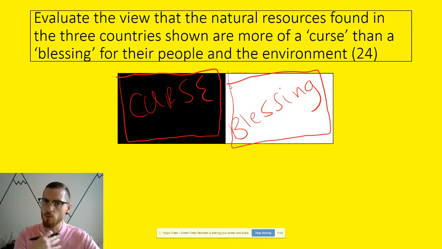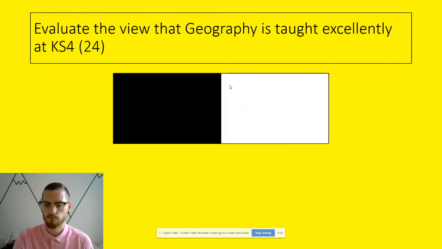Okay, I'm going to try and work through that. So let's say we're doing this question. Evaluate the view that geography is taught excellently at Key Stage 4. Now, there are nearly 160 students in our current Year 11 cohort.